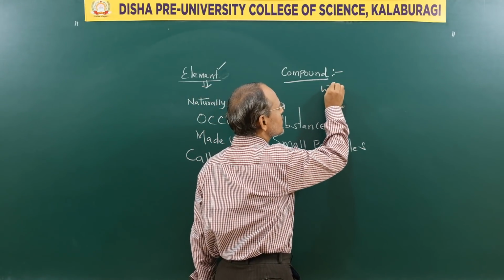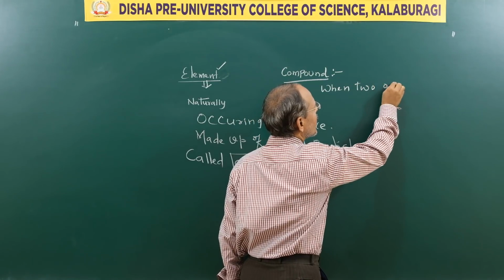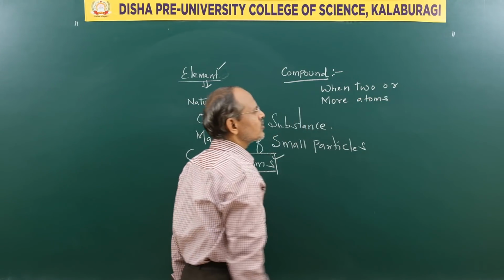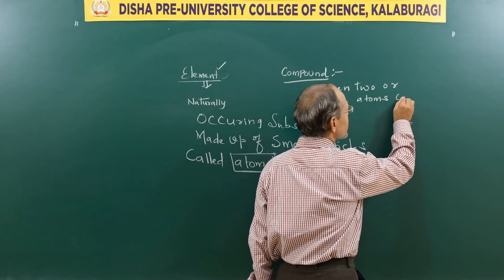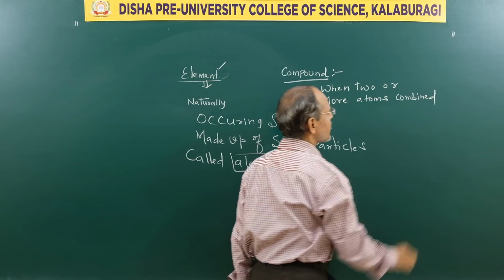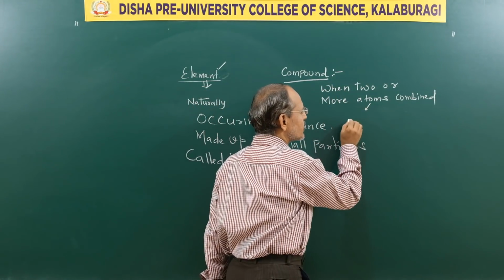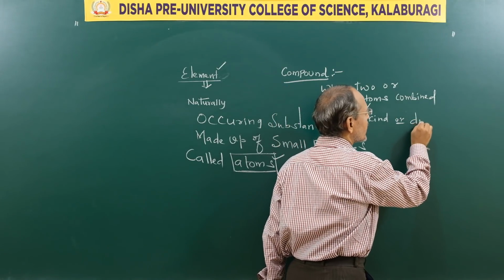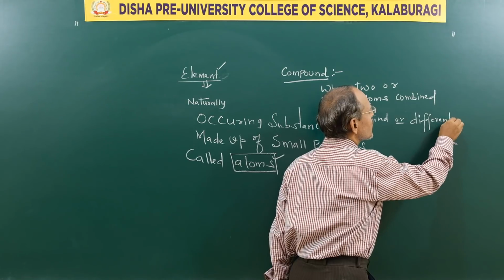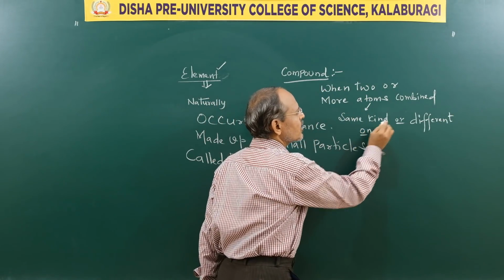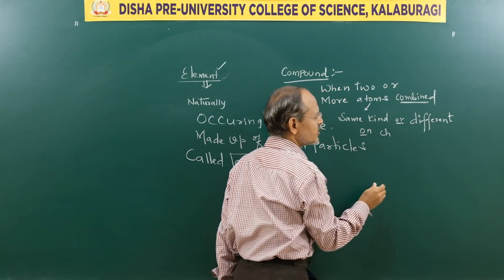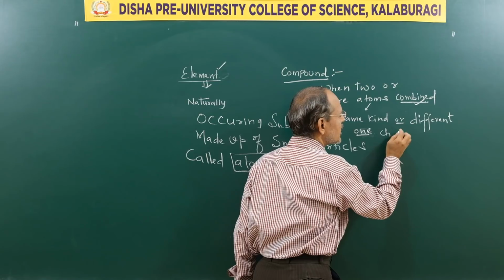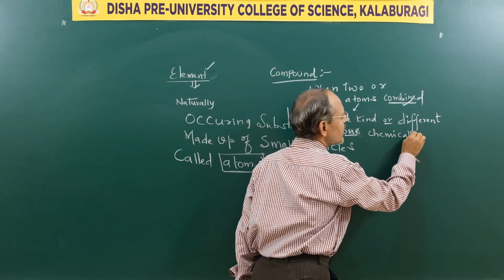When two or more atoms combine, these atoms are of the same kind or different ones, combined chemically, that means a definite bond is there.